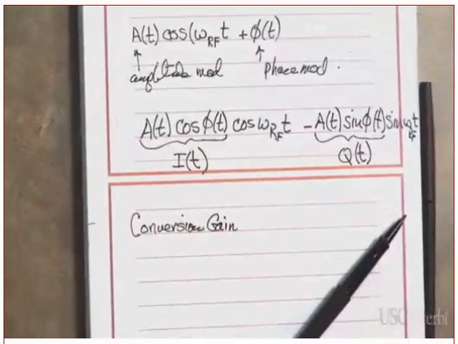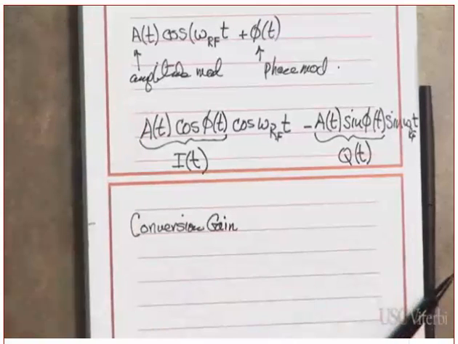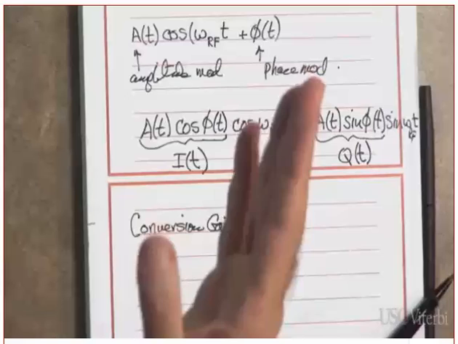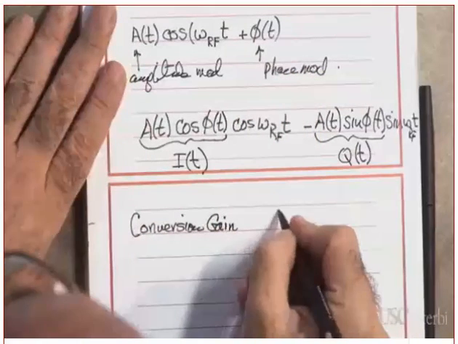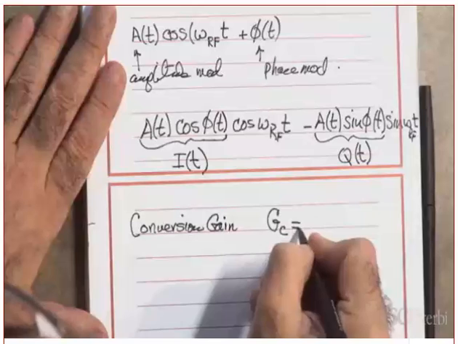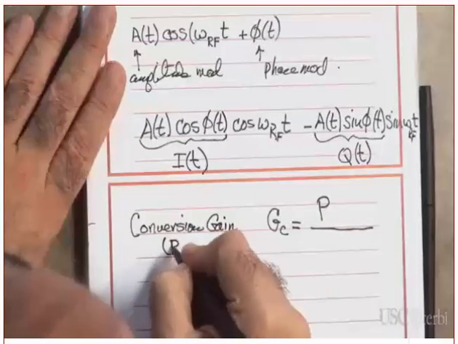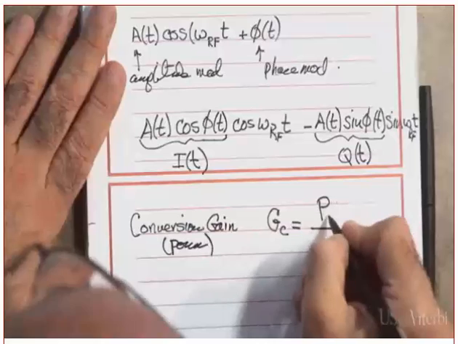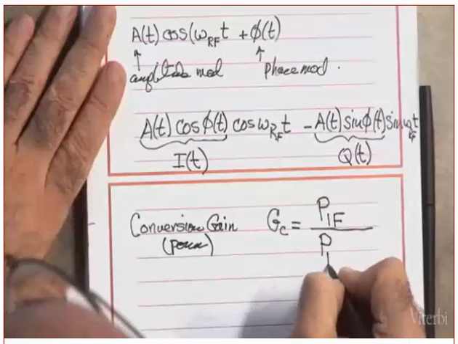Are you following me or not? Okay, so the conversion gain, by the way, are they the same? Did you answer my question first? No, you didn't understand my question. Let me write it first. GC is the power gain. What is it? It's PIF divided by PRF.